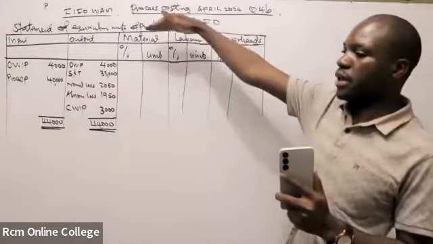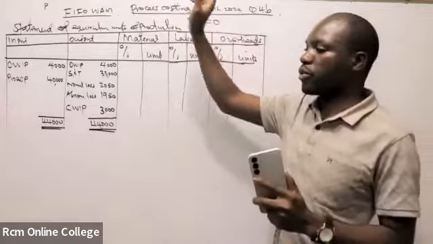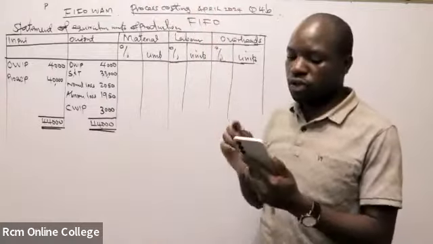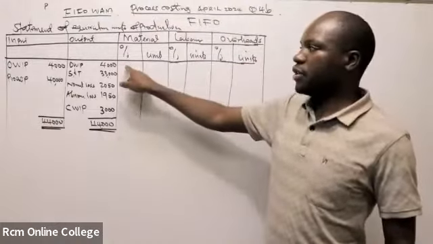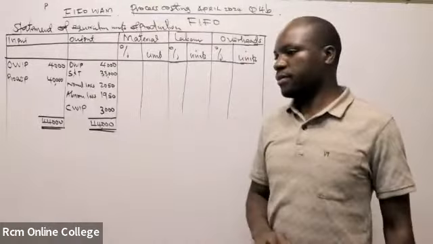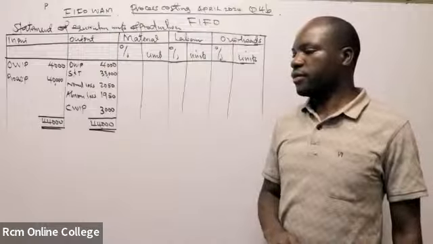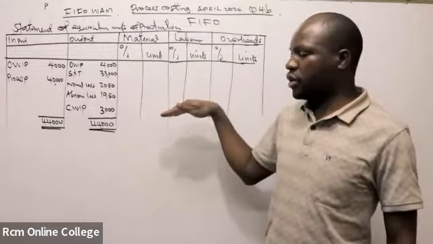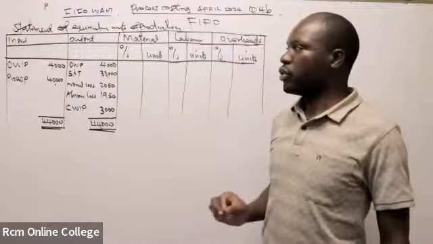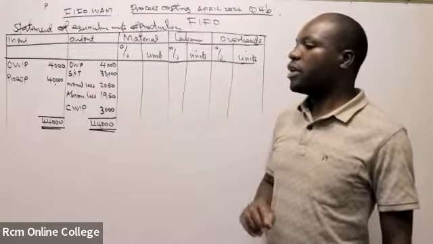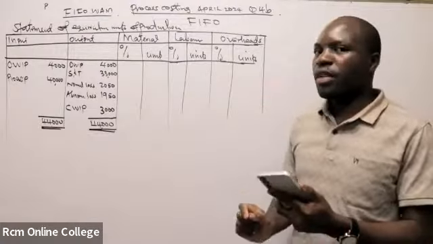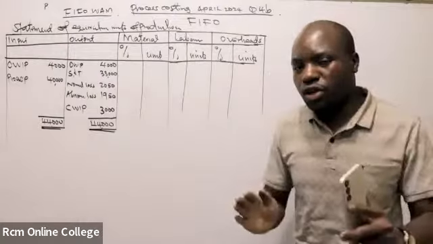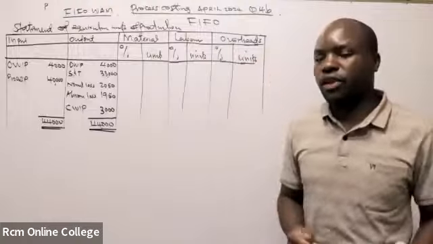And we are preparing transactions for which process? For process Q. So my question is, is there any raw material we are going to add to the opening work in progress during the current production? There is none. Why? Because that opening work in progress has got 100% completion for raw material.